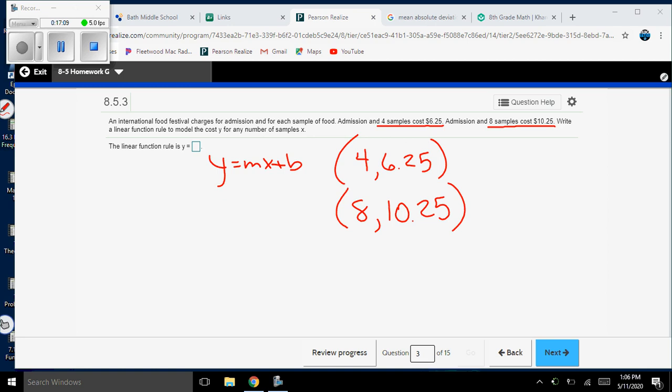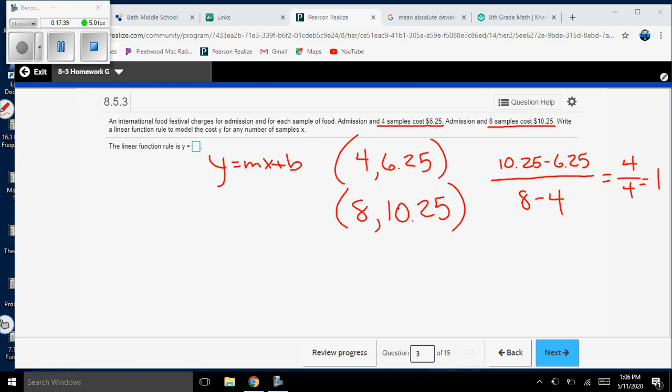And since we're looking for y equals mx plus b, we're first going to have to find the slope, right? Well, the slope is what? The difference in y over the difference in x, 10.25 minus 6.25 over 8 minus 4. So it looks like our slope is going to be 4 over 4, which is just 1.